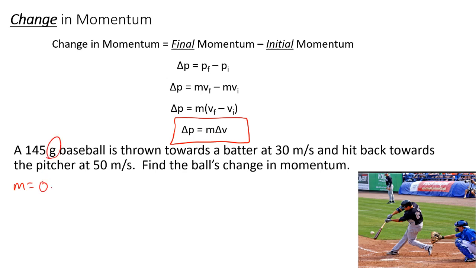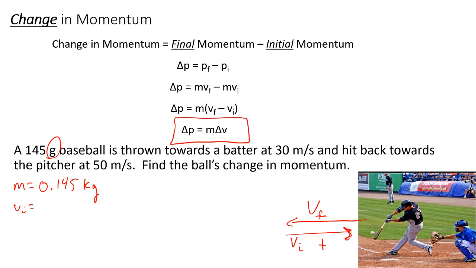When I write that number down in my knowns, I'm going to make sure that I'm writing that number in kilograms. My initial velocity, if I'm thinking about this ball, is going to be coming towards the batter, and then its final velocity is going back in the other direction. One of those numbers is going to have to be negative. So I'm going to call my initial velocity positive.